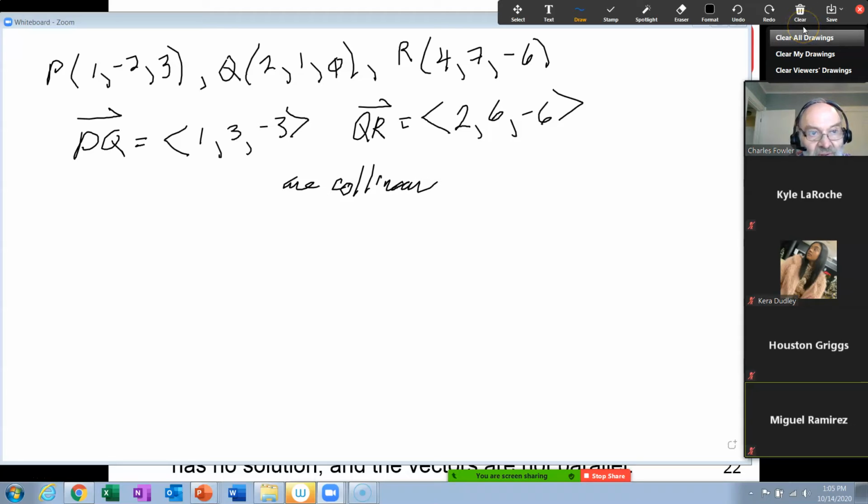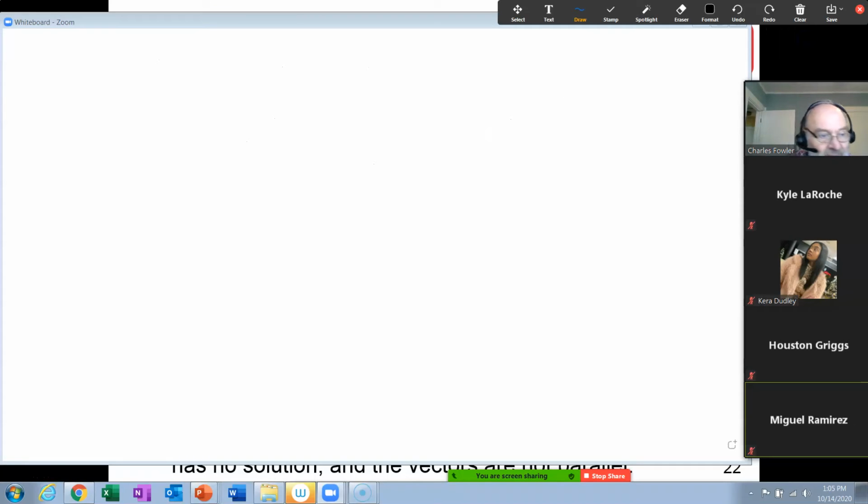I'm going to clear the drawings. If no one has any question, we'll clear that if I can hit the right key. And let's do this. Standard unit vector notation. Write the vector V, where is my pen? There it is.